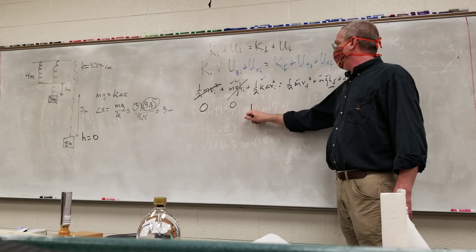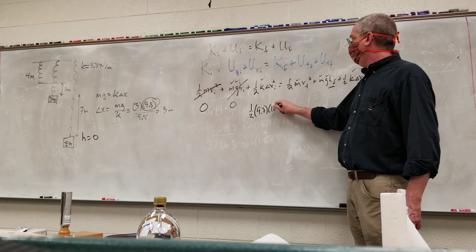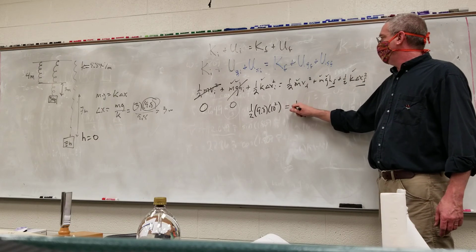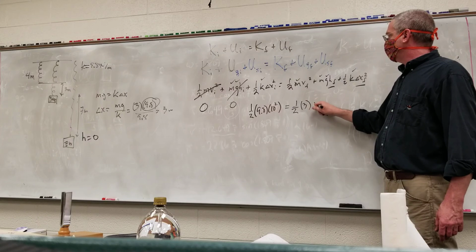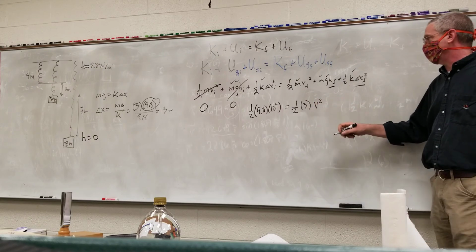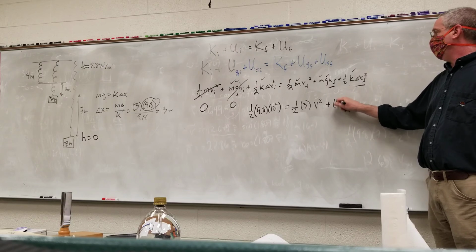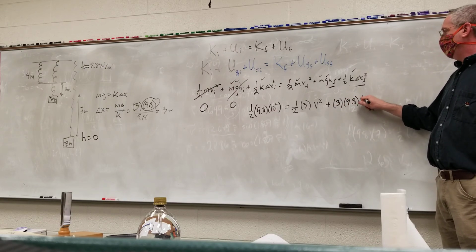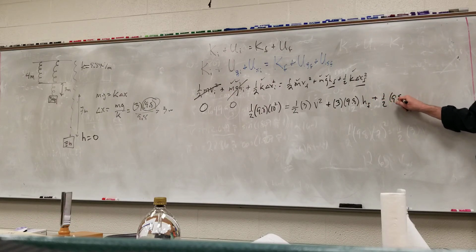So this is 1/2 times 9.8 times 10 squared equals 1/2 times 3 times v squared. I'm trying to find the value of v, plus 3 times 9.8 times this h final, plus 1/2 times 9.8 times x final squared.